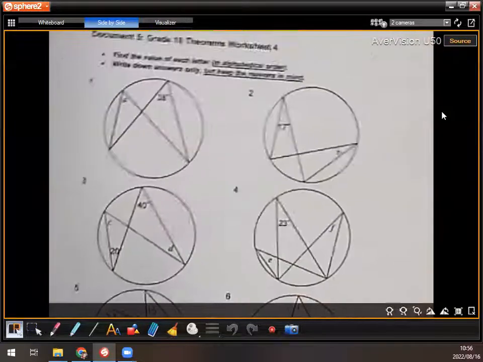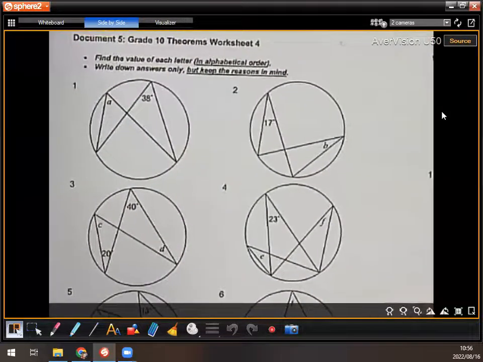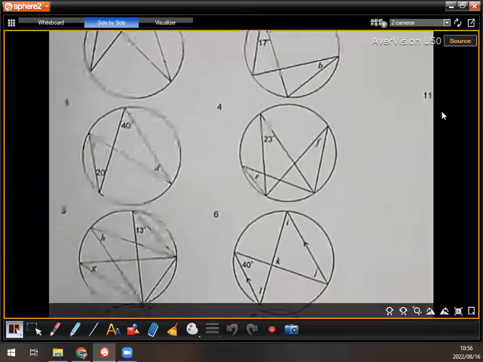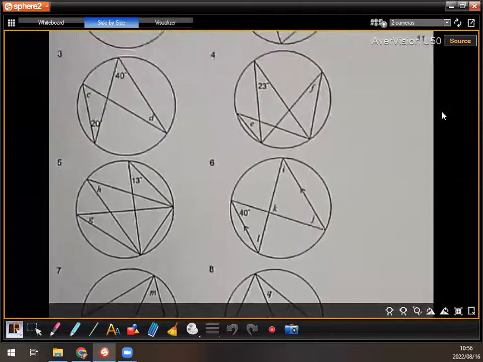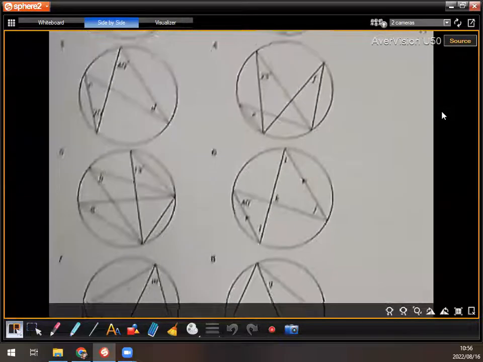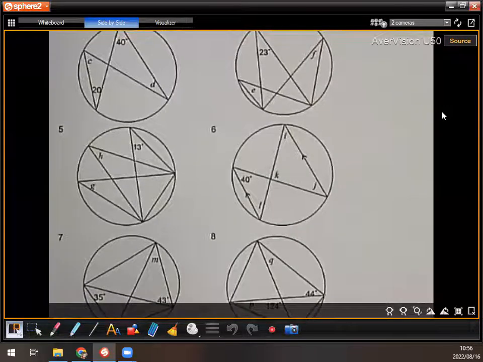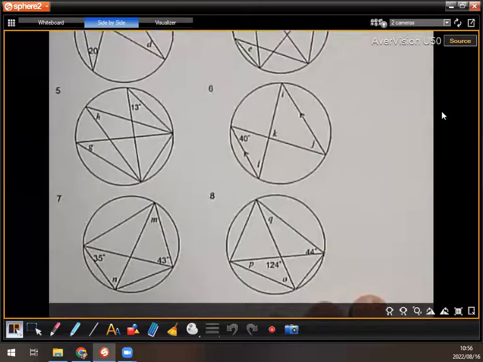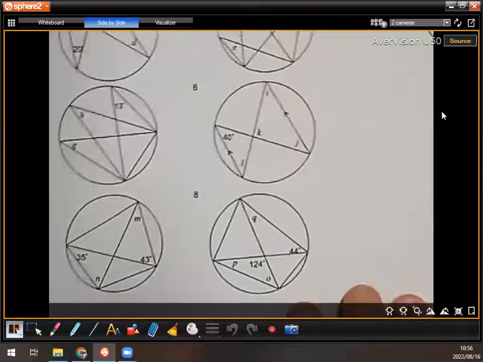For number 1, we don't have to. For number 2, we don't have to. 3 is fine. 4, 6, that's just a 5. 7 is fine. 8.